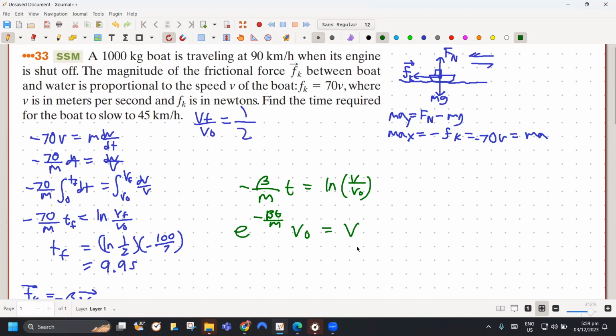Okay, yes, so it should be v_0. Wait, why beta t over t? Okay, so that's v.